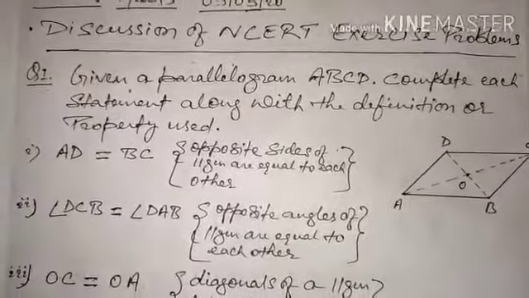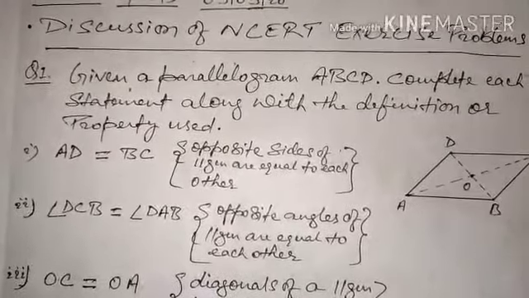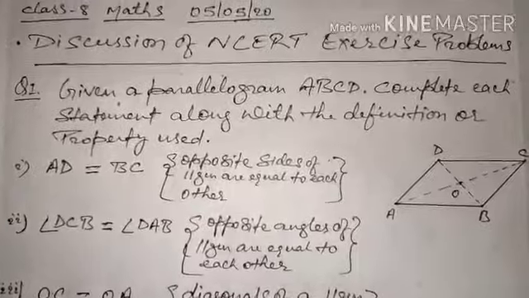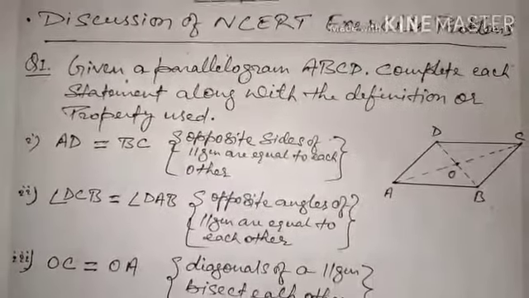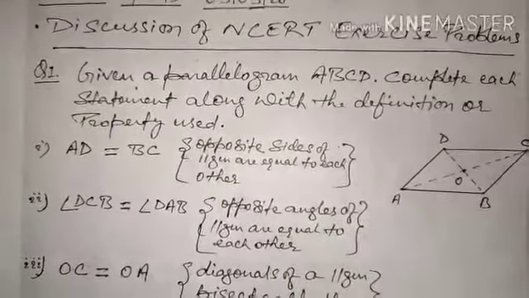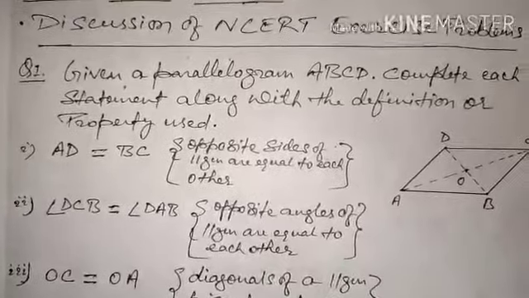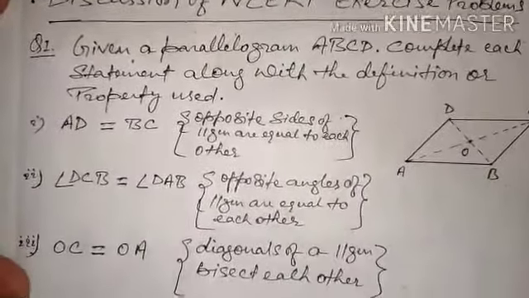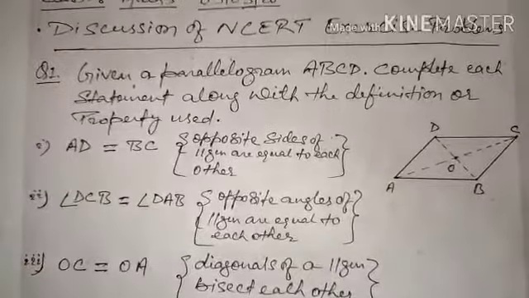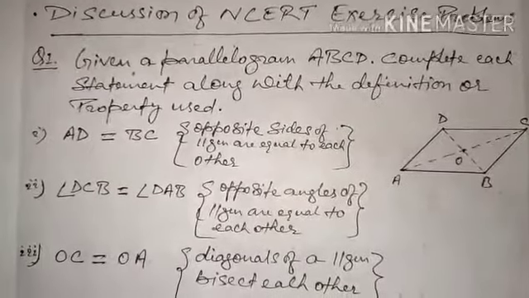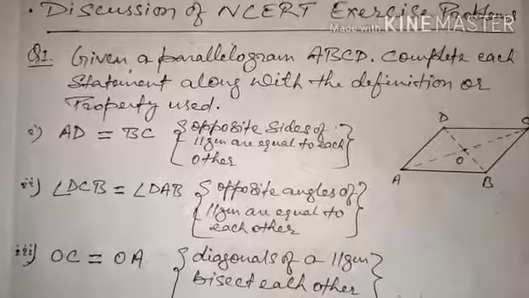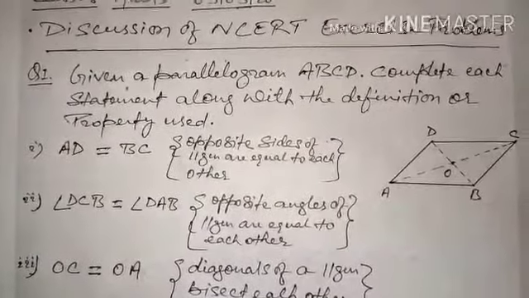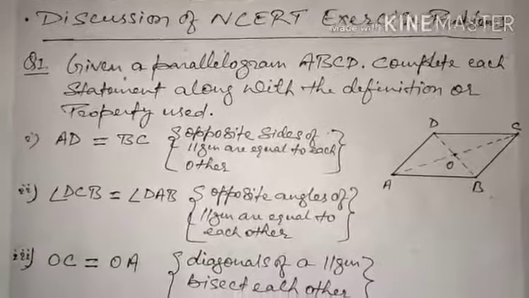So, since our chapter, understanding quadrilaterals, is going on, and in that chapter we had discussed almost all the theory part. We had discussed the properties of polygons, the kinds of quadrilaterals, and special parallelograms.